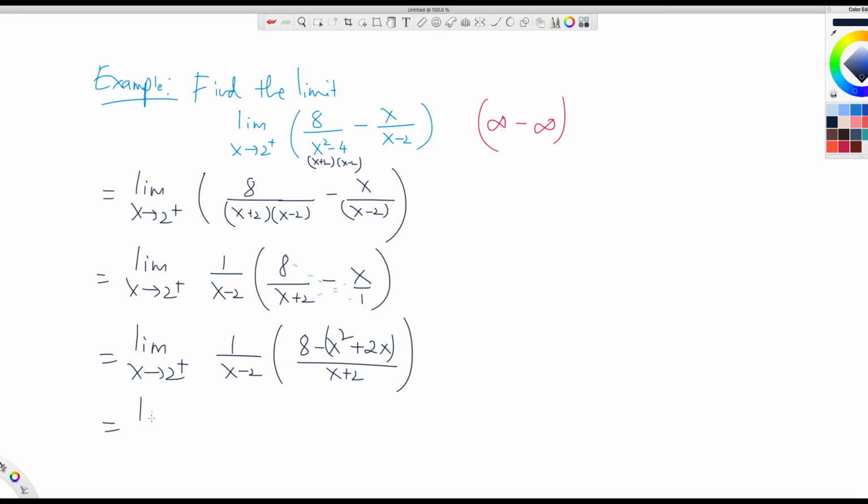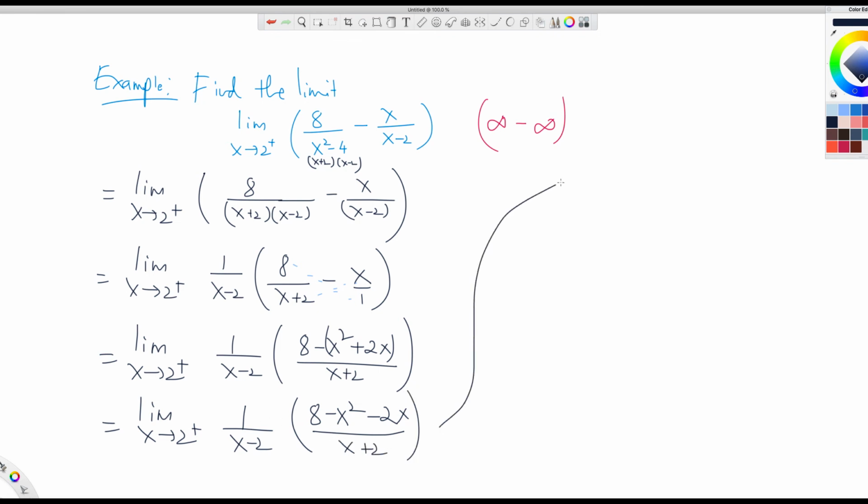So basically limit x tends to 2 plus, right, 1 over x minus 2. If you simplify that, what do you get? You get 8 minus x squared minus 2x, divided by x plus 2. Now you can combine those two. I'm not putting the limit in; I want to just write the simplified form first.